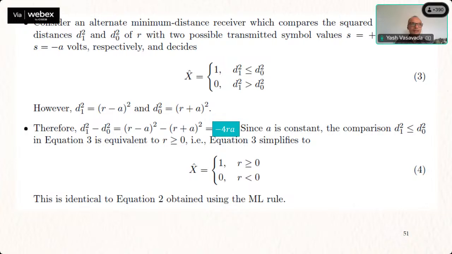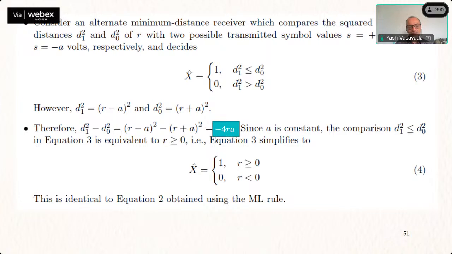If the channel is introducing Laplacian noise, or some other impulse noise or shot noise, then the minimum distance detection and the maximum likelihood detection are not equivalent.